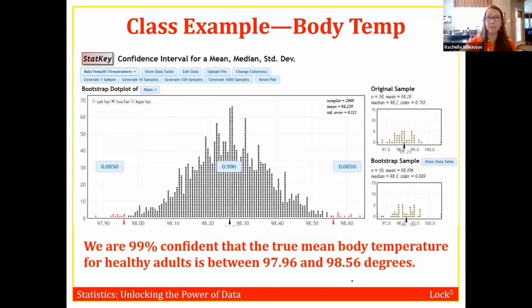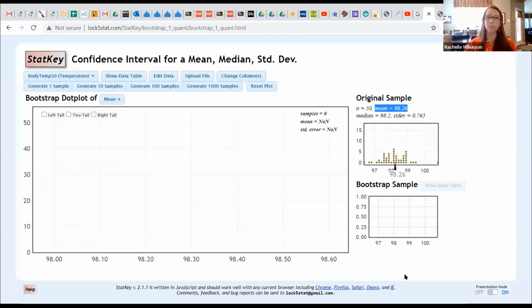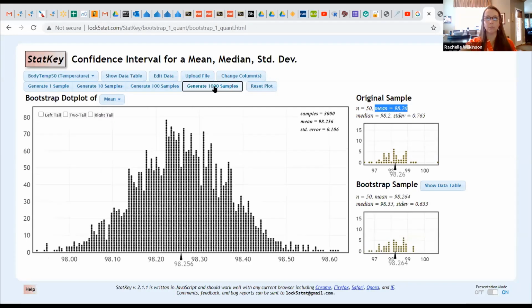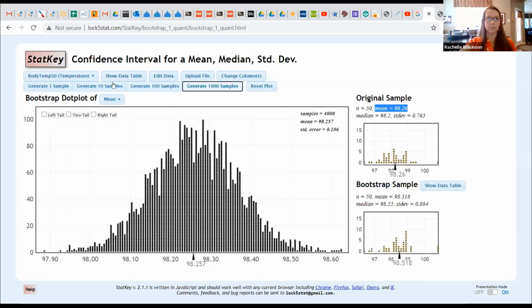And something that I think you'll get a chance to do a little bit in your homework, but you can kind of play around with, is what happens to your confidence interval when you change the level of confidence. So I'll just give you a little preview here. Okay, so here's this body temperature data. If I click on the two-tailed button, right now it's at 95%.